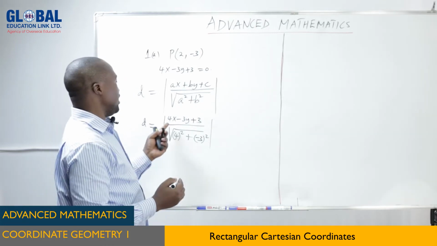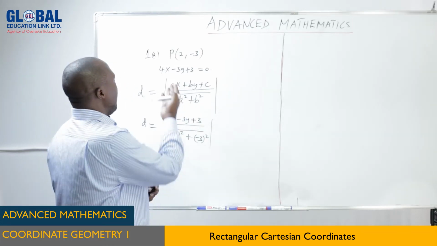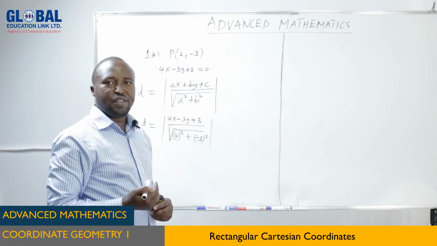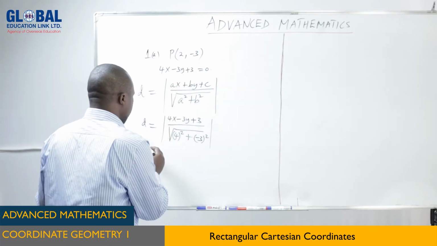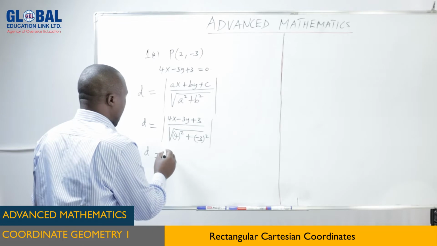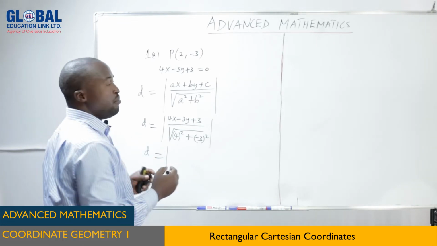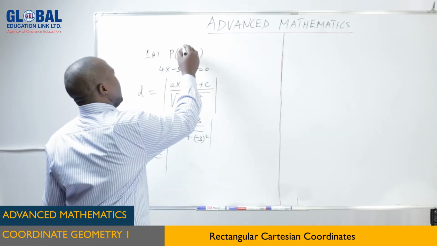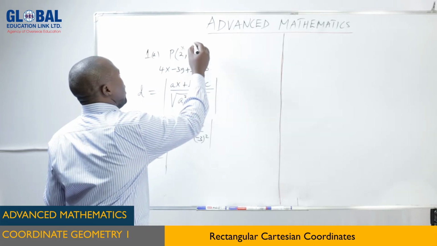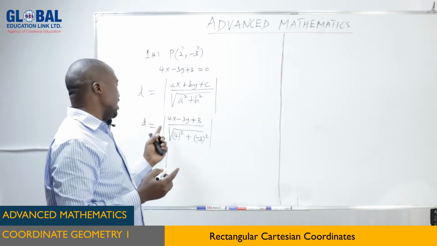But in this equation, we have to substitute the given coordinate P. So D will be equal to the absolute value of, remember we have the value of x and the value of y, so we just substitute directly in our equation.